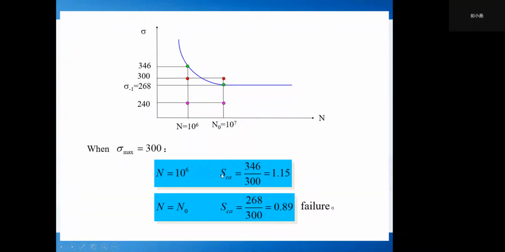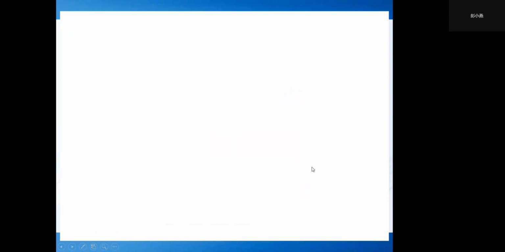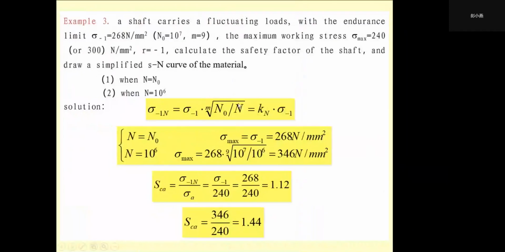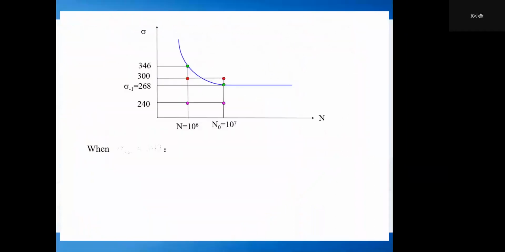Yes, the safety factor should be larger than 1. Any problem for this example? Okay, let's continue.